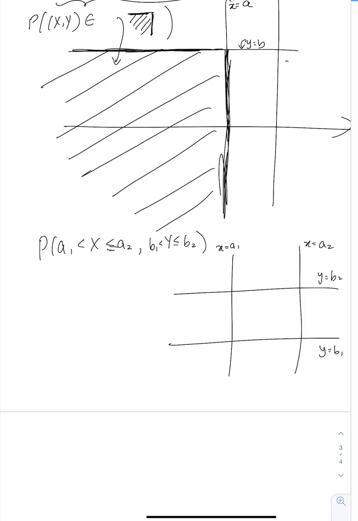Okay, and what you want, I'm going to draw it over here, is the probability that the point x comma y is in this set.